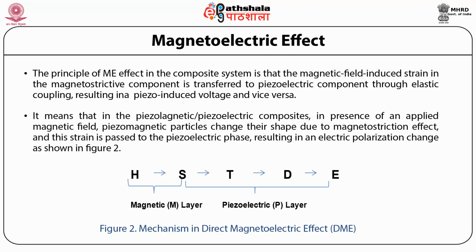It means that in the piezoelectric composites, in the presence of an applied magnetic field, piezomagnetic particles change their shape due to the magnetostriction effect, and this strain is passed to the piezoelectric phase, resulting in an electric polarization change, which is shown in figure 2.